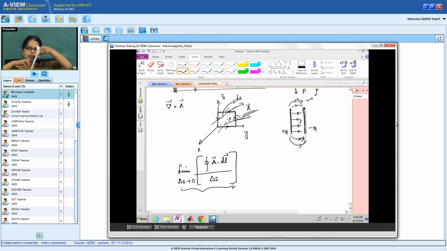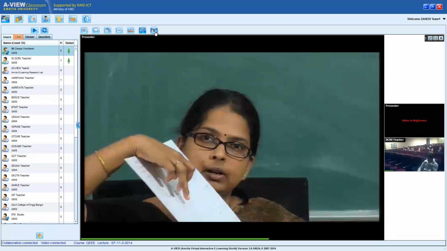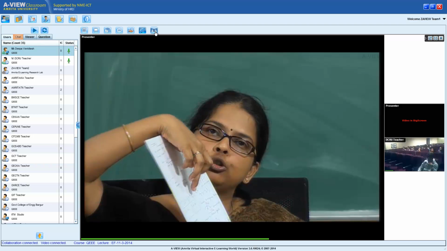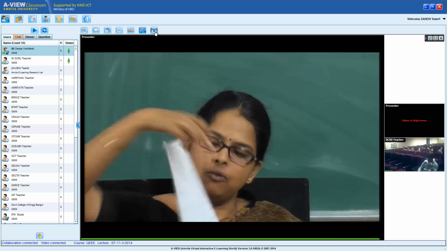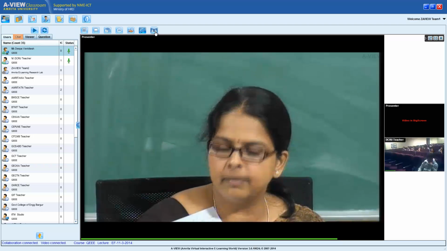There is nothing that told me that I have to choose this as the surface. I could choose the surface in any direction around this field. So which surface should I choose? The answer is I should choose that surface for which this number is maximum.